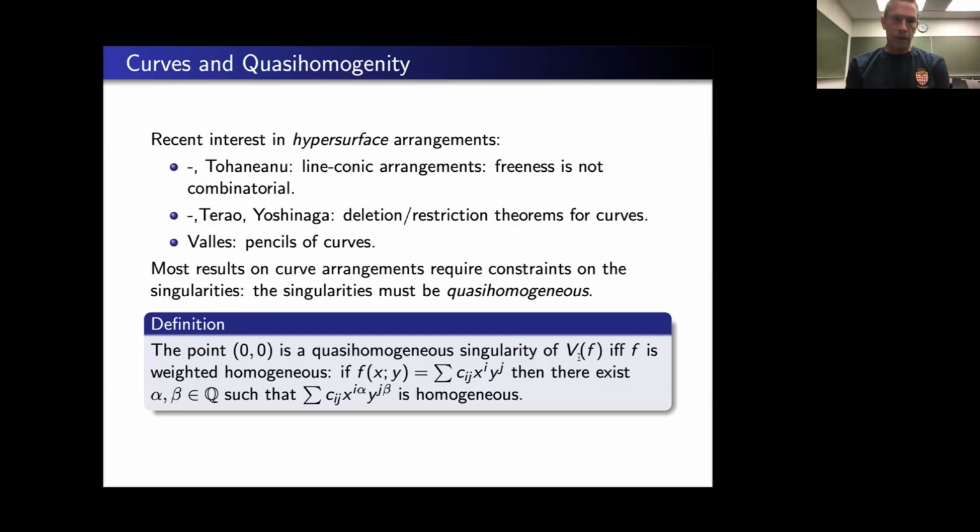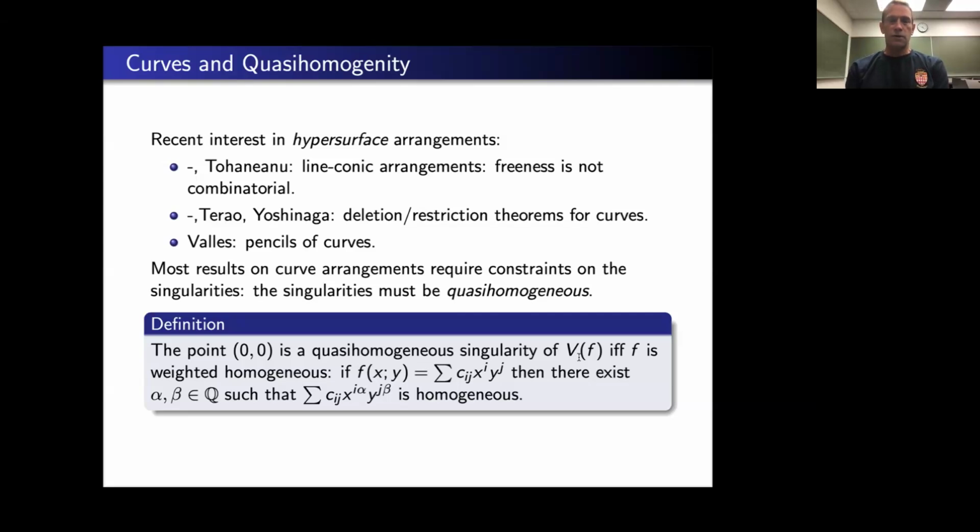And then with Hiro Terao and Masahiko Yoshinaga, we came up with a deletion restriction theorem for curves. The thing you might think about in the setting of a line arrangement or even a hyperplane arrangement is that there's a very natural inductive operation: if I have an arrangement of K hyperplanes, I could either remove one hyperplane and have another hyperplane arrangement with one fewer hyperplane, but I could also restrict the hyperplane arrangement to that distinguished hyperplane.